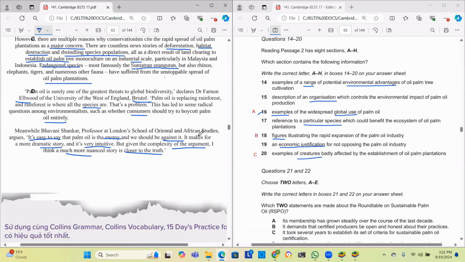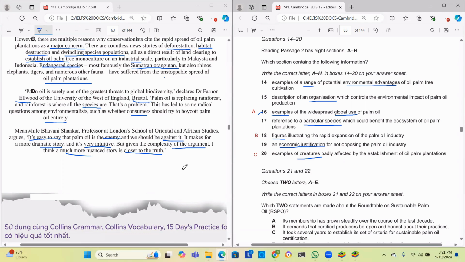Now, examples of a range of potential environmental advantages. No, we did not read about any advantages here. Next, description of an organization. Did we read any organization here? No, guys. Next, 17th, reference to a particular species. No, I did not talk about any species here. And an economic justification for not opposing the palm oil industry.